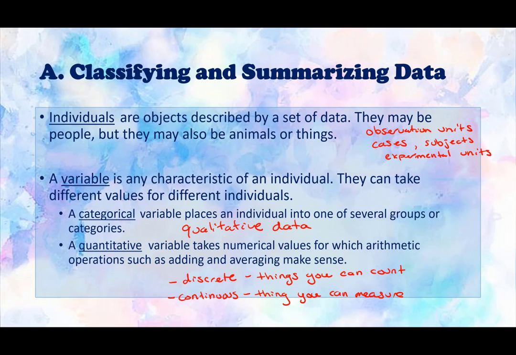It doesn't make sense to find an average phone number, even though you have a long list of numbers. Or your zip code: it doesn't make sense to add up a whole bunch of zip codes. Those are two examples of categorical data that actually have numbers, and a lot of people confuse the two. So again, not all numbers are quantitative variables. Most are, but not all are.